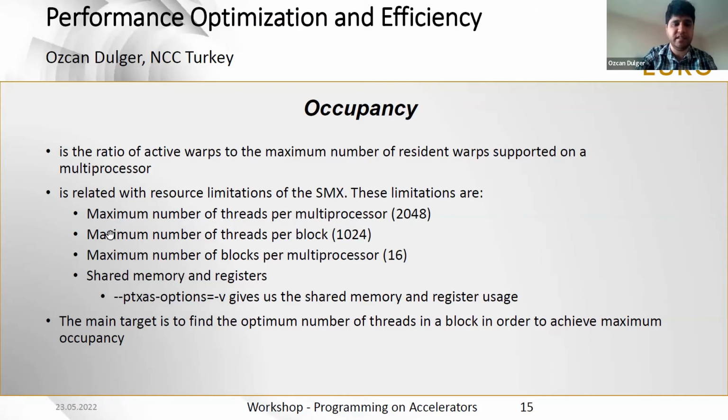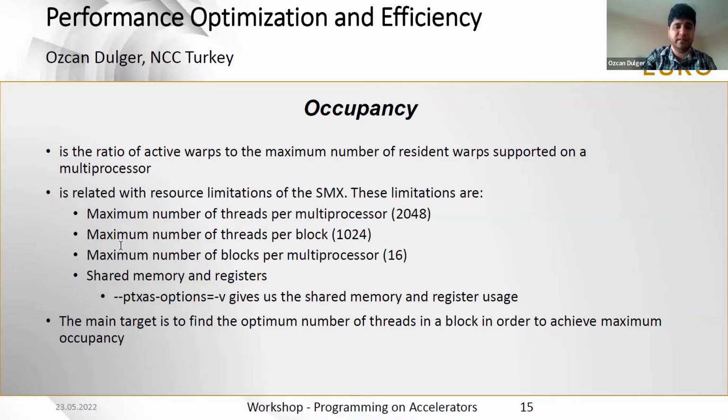And the second limitation is the maximum number of threads per block. That means 1024 threads can be created in a block. And the third limitation is the maximum number of blocks per multiprocessor.